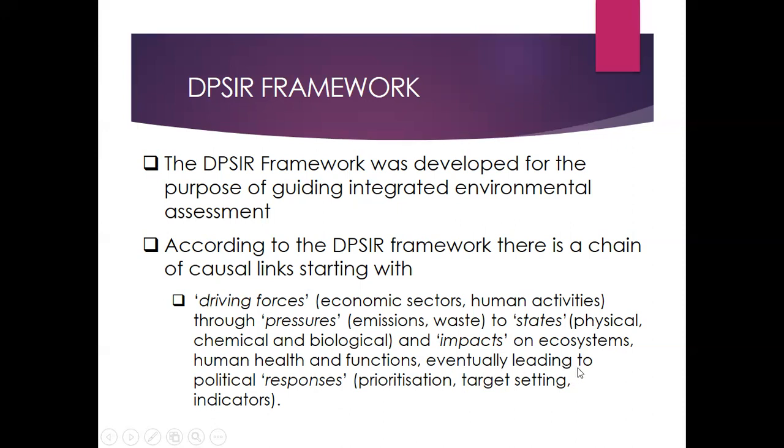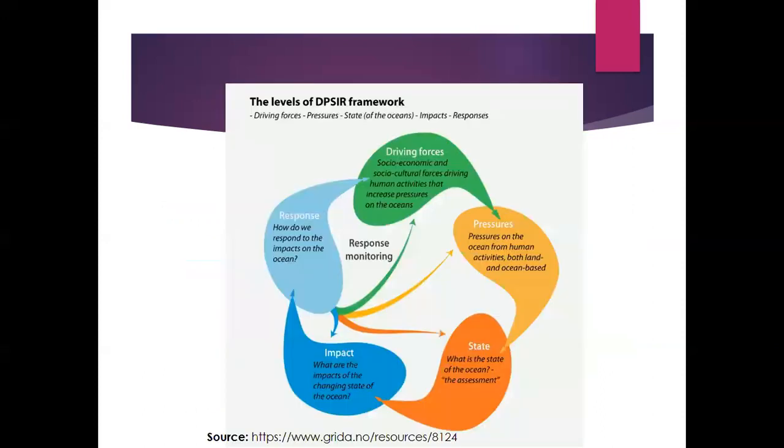And eventually, this will often prompt responses from decision makers in an attempt to intervene or arrest these impacts in the environment. So it may be prioritization, target setting, maybe things like laws, etc., that may have to be implemented and enforced in order to have some kind of intervention in that response.